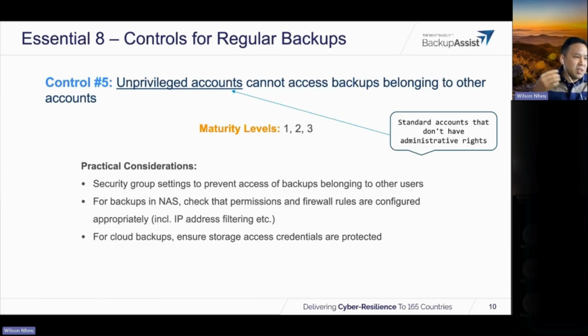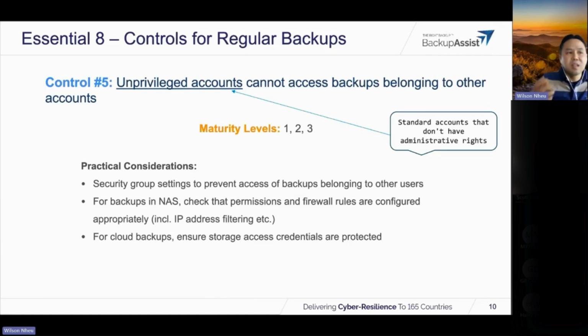For example, in a NAS situation, you also want to check that your permissions are set properly and your firewall rules there are also configured properly. You might want to consider IP address filtering, for example. For cloud backups, you also want to make sure that your storage access credentials are safely kept.